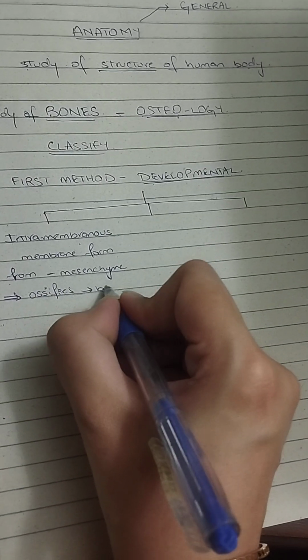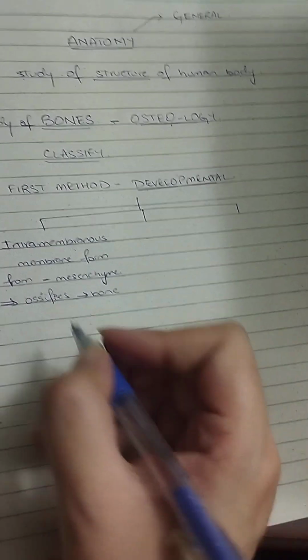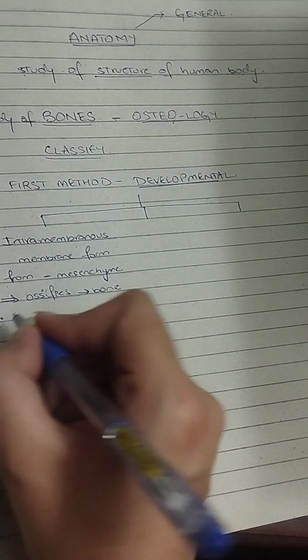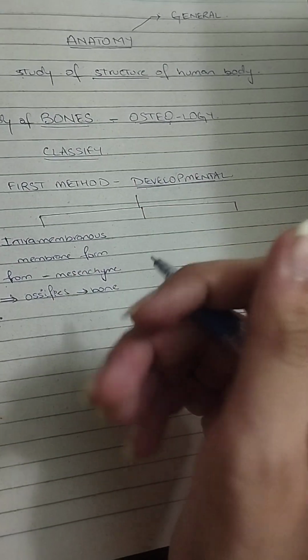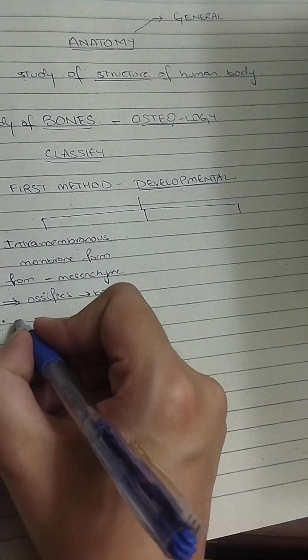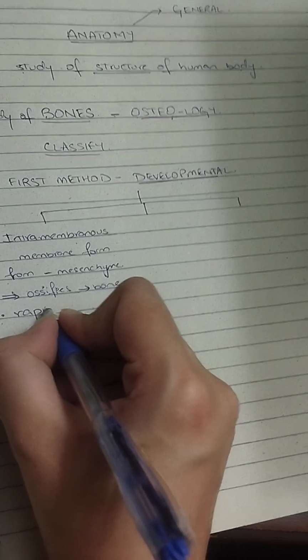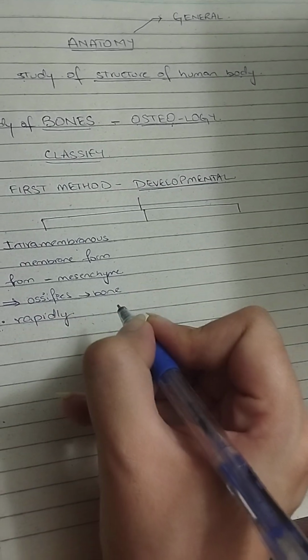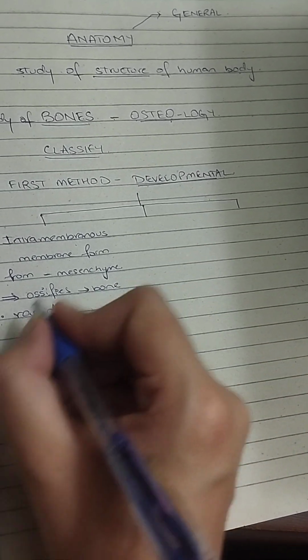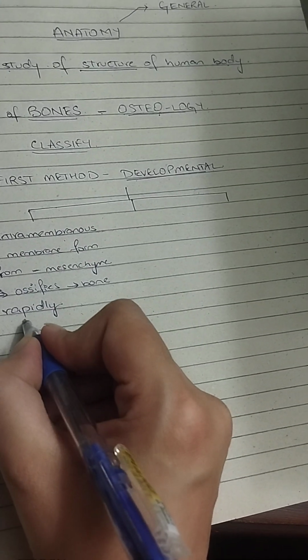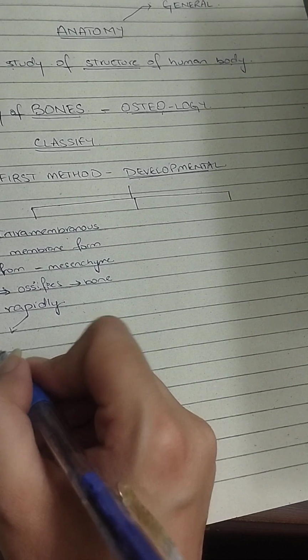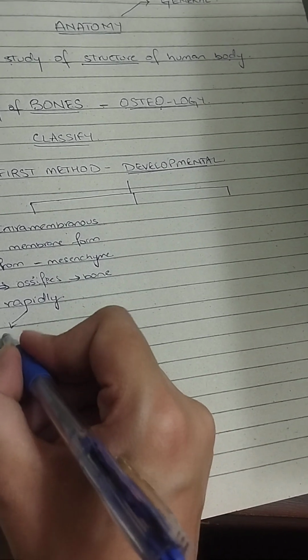This method is used for bones that are required immediately in development, and such bones are formed very rapidly. So you will see that these bones have already developed during the embryonic or fetal period. Examples of such bones include bones of the face.